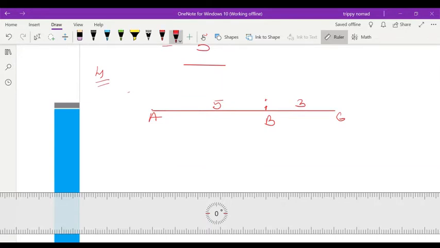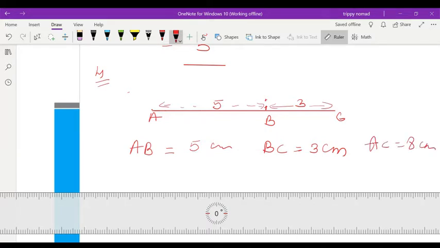Now I am going to write: AB is equal to 5 centimeter and BC is equal to 3 centimeter. So what will be AC? AC is equal to 8 centimeter. Okay, written.